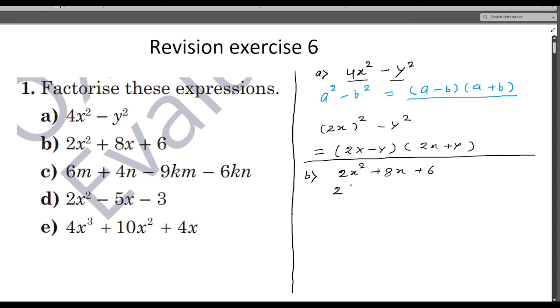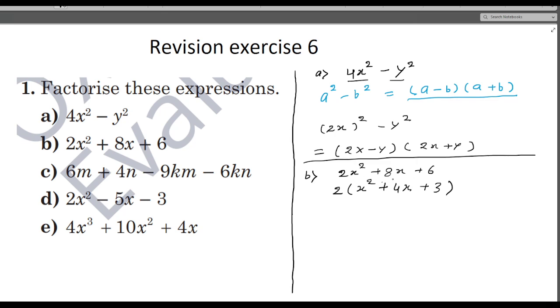In 8 it is 2 times 4, and in 6 it is 2 times 3. So if you take 2 common, the remaining terms are x square plus 4x plus 3.